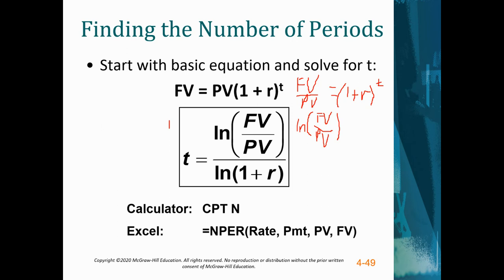That doesn't matter. What's important is what's on the left-hand side. What I have now, with that exponent, is T times the natural log of 1 plus R. So now to get this, I just divide both sides by the, oops, I didn't write the natural log, did I?